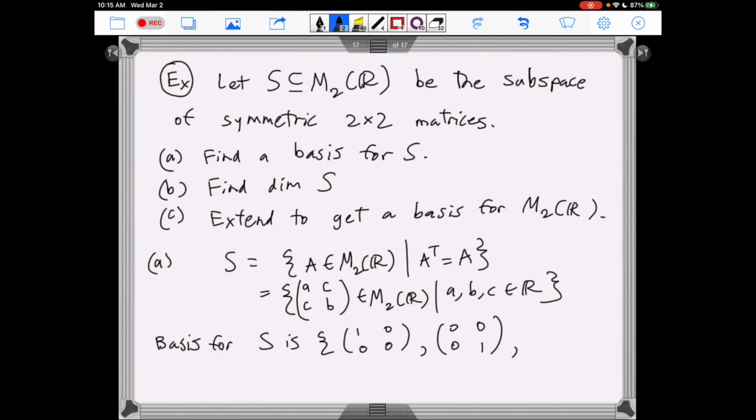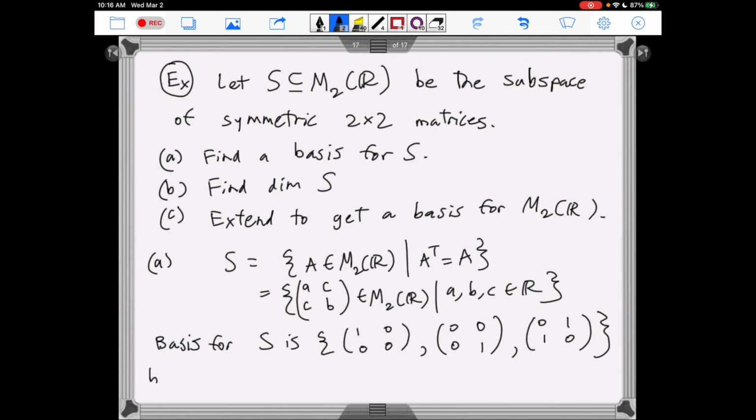And then the third one will be to let C equal 1, which actually gives us 0, 1, 1, 0, right? So that would be a basis for S. So we're done with part A.